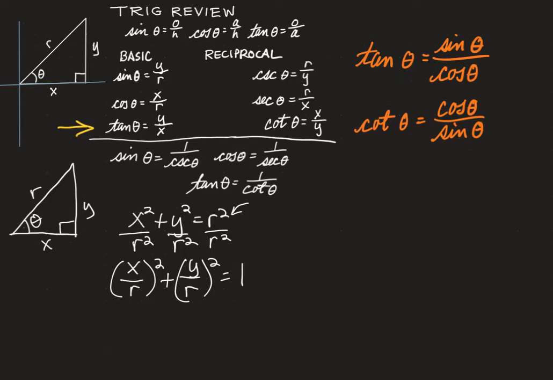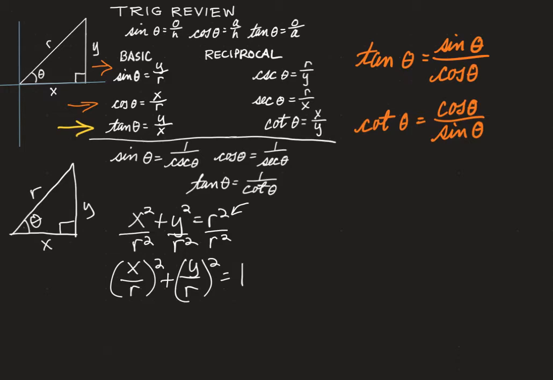Okay, but x over r, haven't we seen that someplace before? Well, yes, we have. We have seen that x over r right here. And we have seen y over r right here.